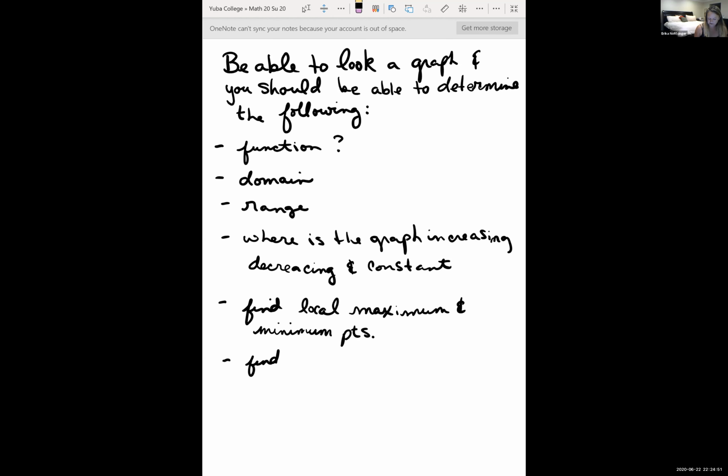Find a y value given x. Find the value or values of x that give you y.